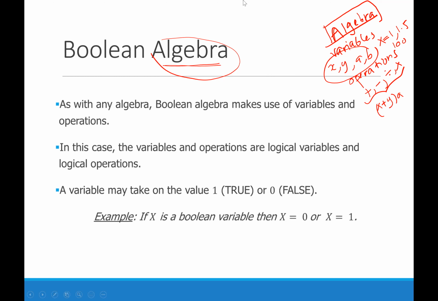Now let's see the difference between Boolean algebra and algebra. For Boolean algebra, we have logical variables and also logical operations.